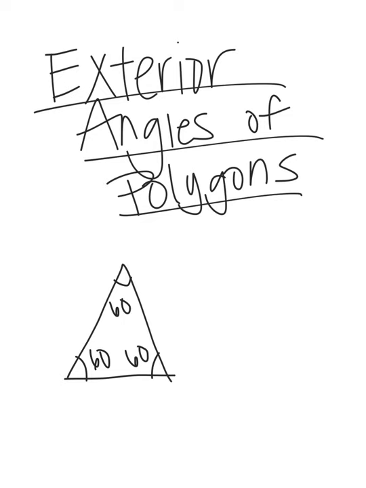So let me go ahead and draw the exterior angles for each of these sides. If I just extend out the side of each of the triangle sides, I can get an exterior angle, which I'm drawing in blue.